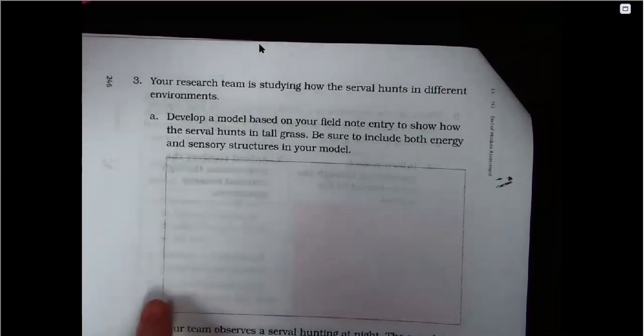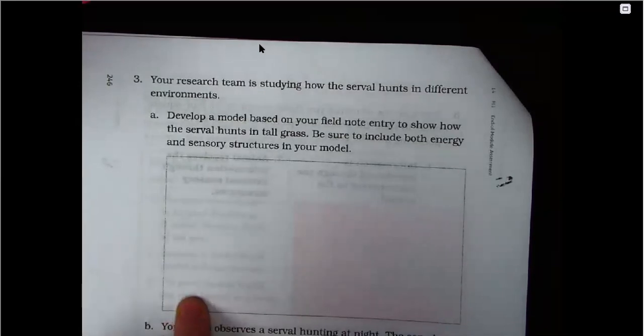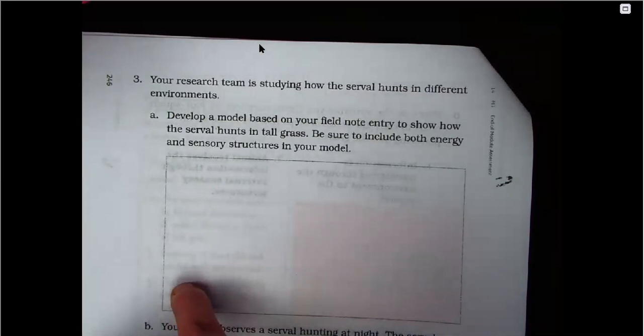So you need to show me what that animal is hunting for. In other words, what's that serval gonna find in that tall grass? You need to draw that little prey animal in the tall grass. Then how did that serval know it was there? Did it see it? Did it hear it? How would you represent that sense of sight or sound?